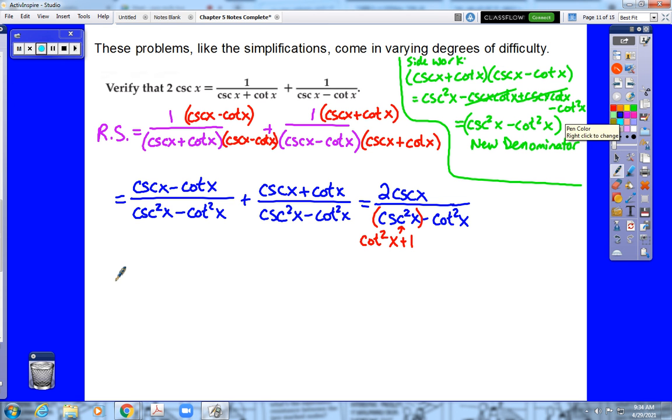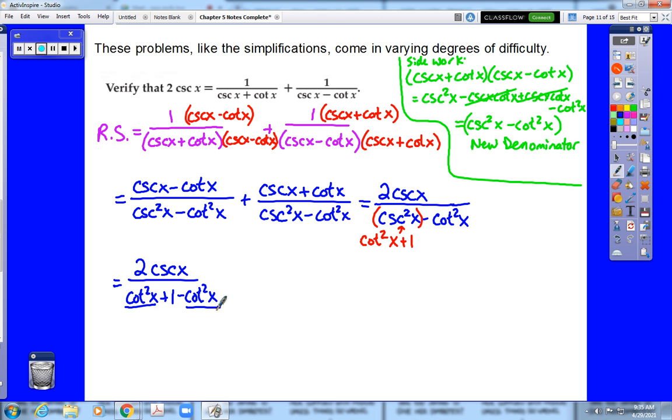This will give me the expression 2 cosecant x over cotangent squared x plus 1 minus cotangent squared x. Those cancel out. Leaves me with 2 cosecant x, which is the left side of the verified equation. And we're done.